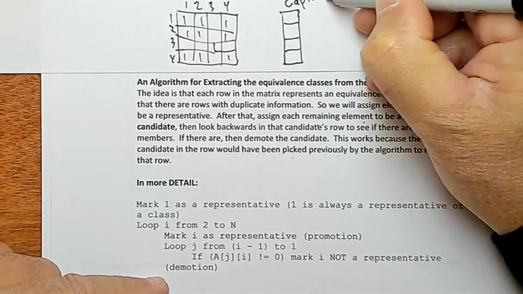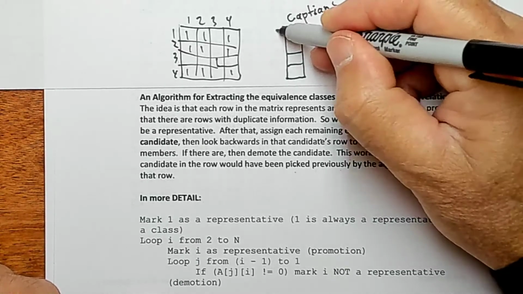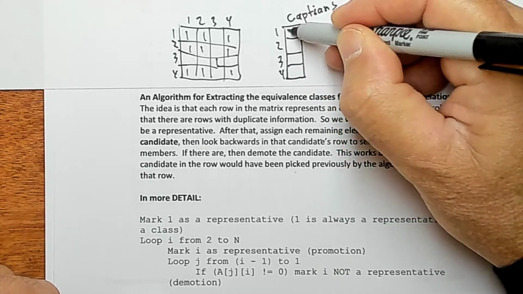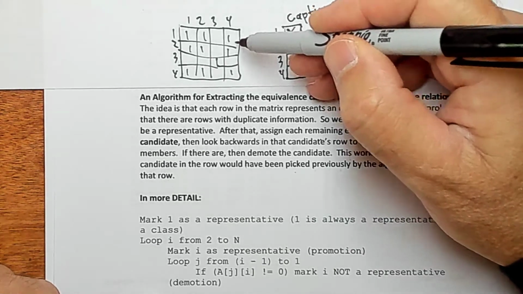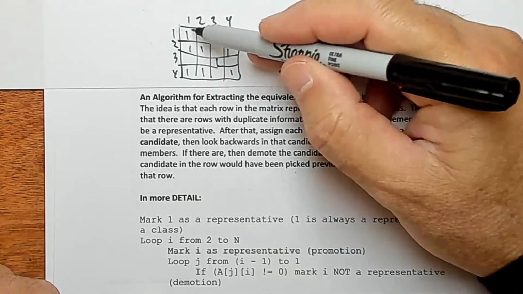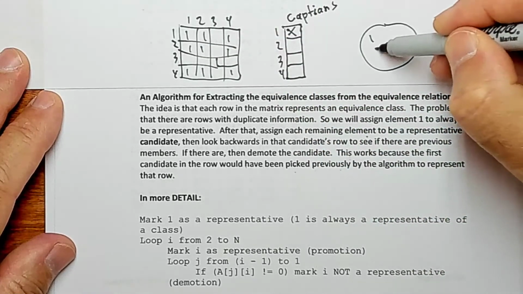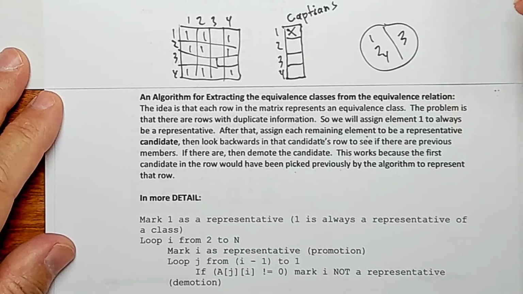I don't want to use R because that'll get confused with representative. So 1 is always a representative. So row 1 is the first equivalence class always. So you just print row 1. You're printing off 1, 2, and 4. Okay. Then we need to find 3.